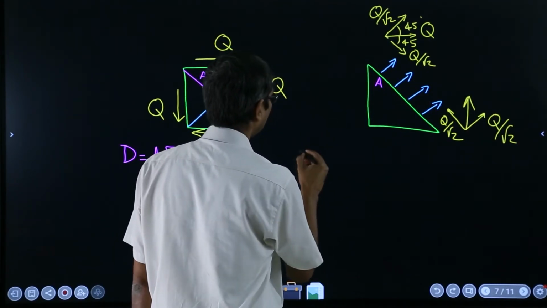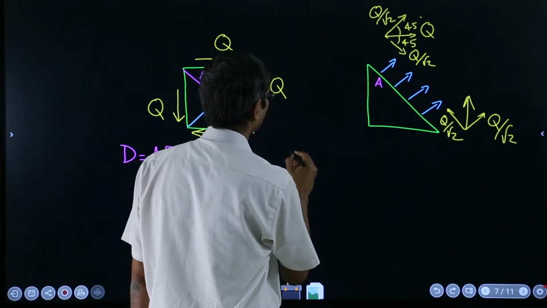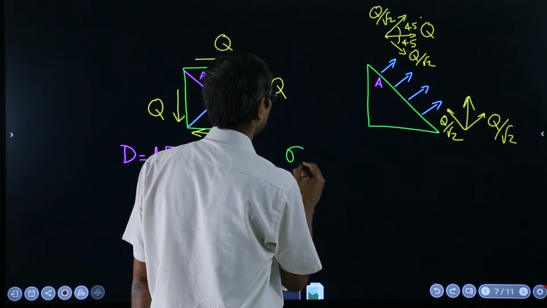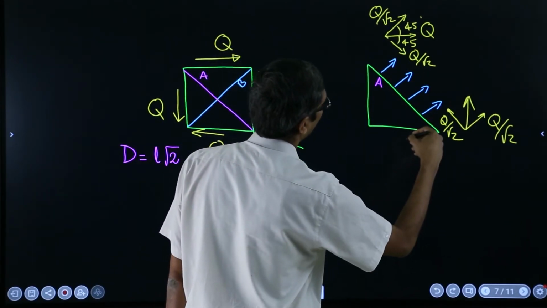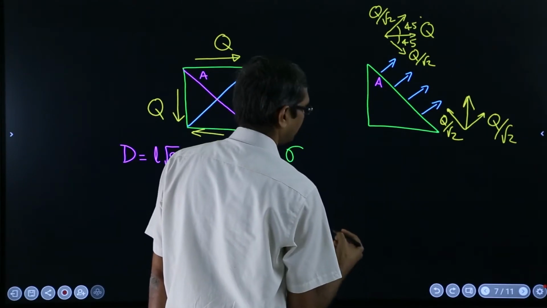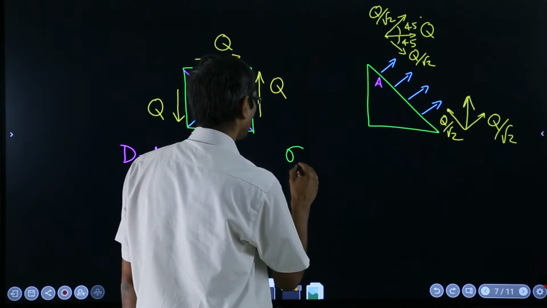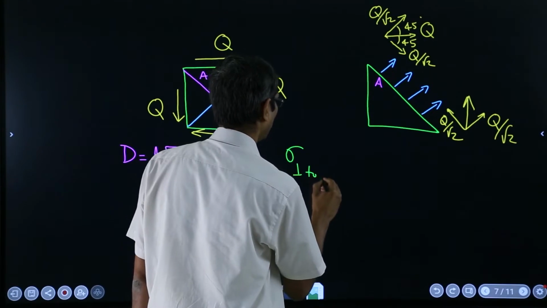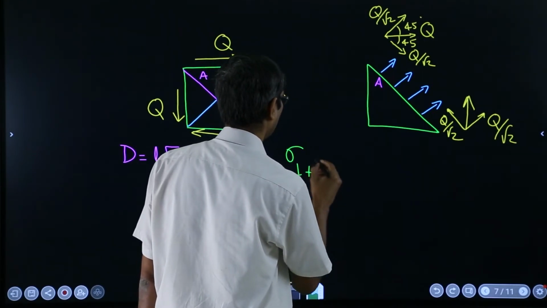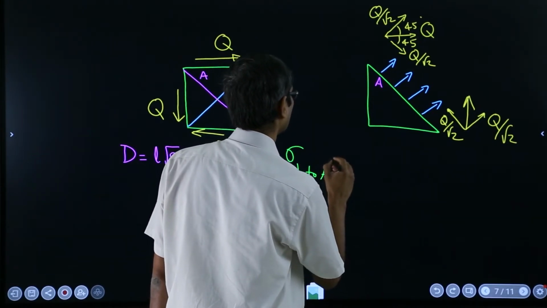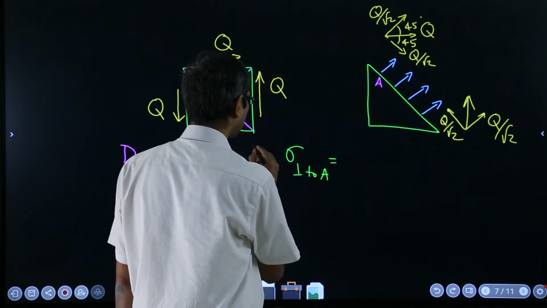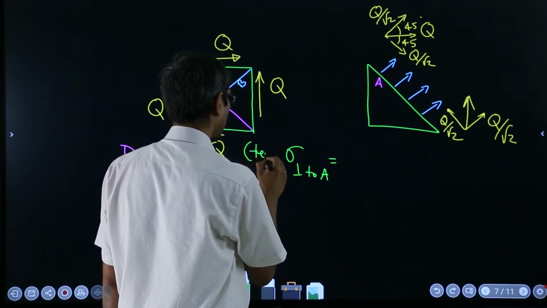I'll say the normal stress in this direction, normal to A, sigma in that direction, and it's tensile. So, that is very important.